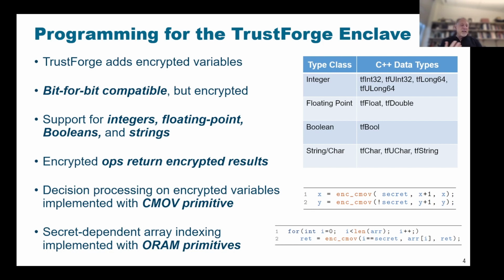And TrustForge really departs from that by allowing you to use the variables you always use with the operations you always use. It limits you in some ways because we don't want to be able to infer information by how the program operates, but it does that in a way where you don't have to be absolutely correct in how you build your program. It'll tell you if you did something wrong. And then releasing information doesn't require these bespoke zero-knowledge proofs.